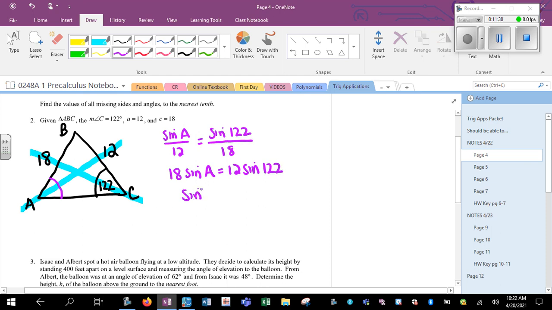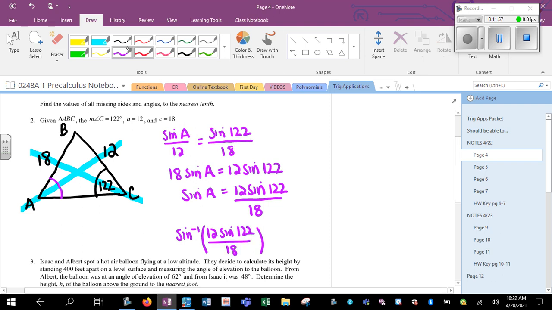Everything here is proportion based, so we're going to do a lot of cross multiplying. Because we're looking for the angle on our calculator, we're going to do inverse sine, because we know the job of inverse is to find the value of the angle.